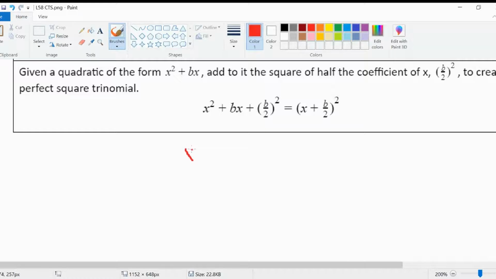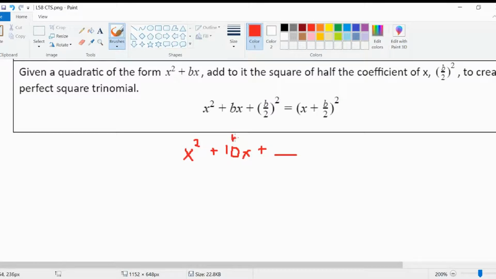So if I had something like x squared plus 10x plus something, how could I make this into a perfect square trinomial? Well, what this is saying is take the b term.